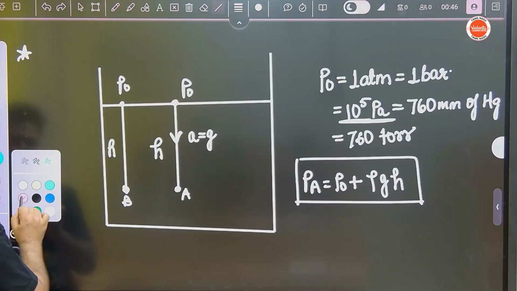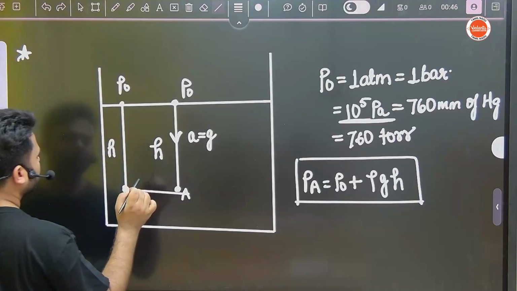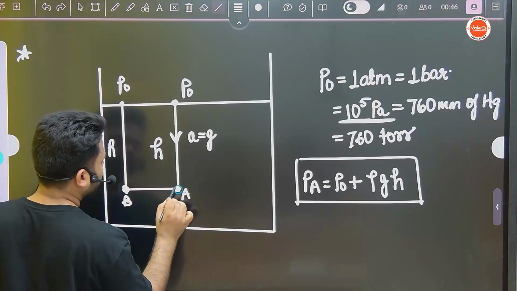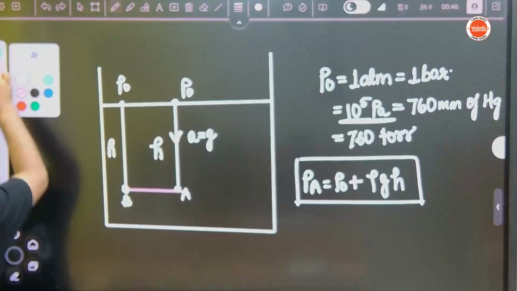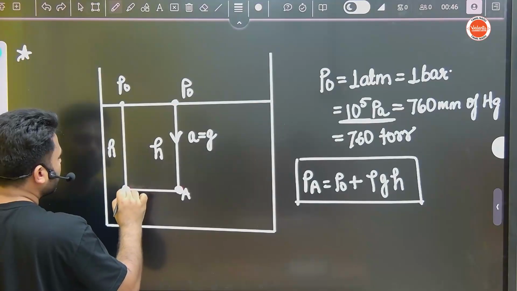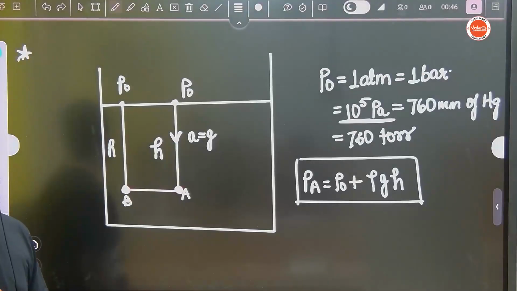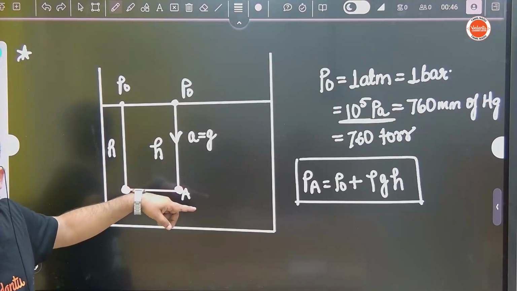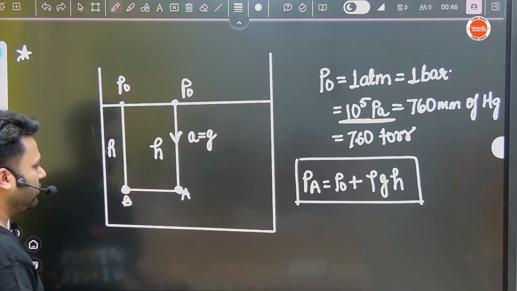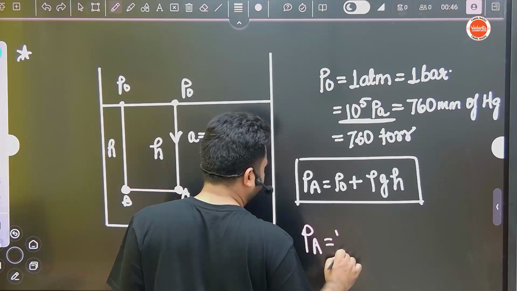If I draw a line like this between these two, in this direction, is there any acceleration? No acceleration means pressure will be the same. So we can write: pressure at A equals pressure at B.